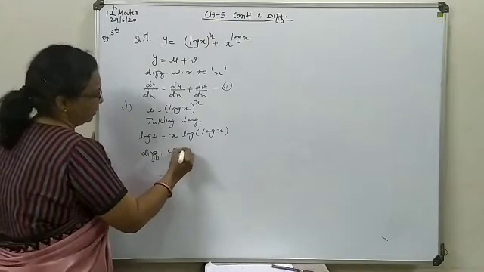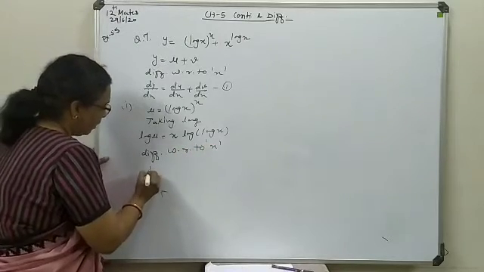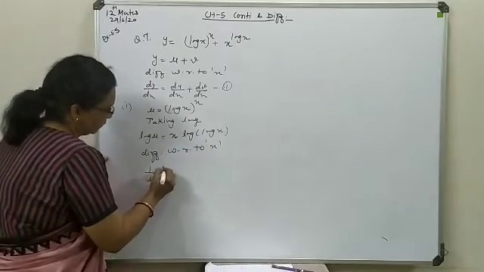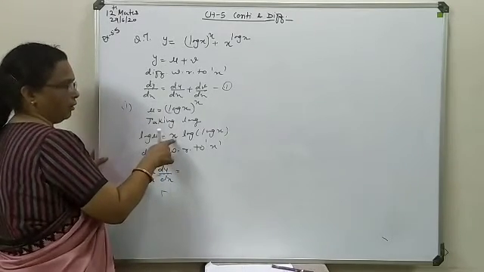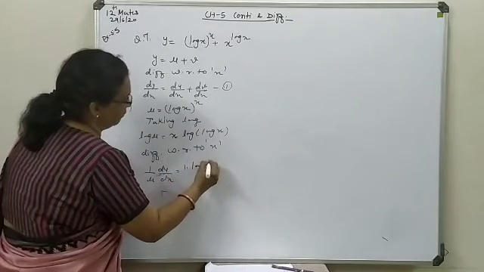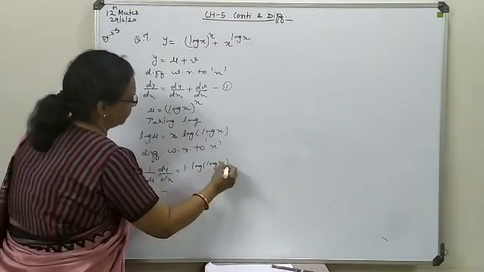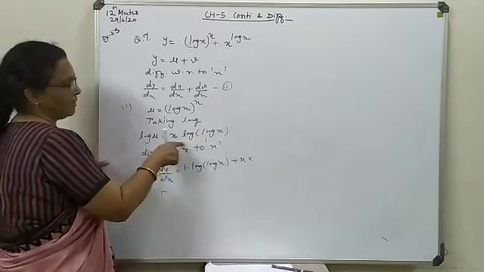Differentiate with respect to x. 1 upon u du by dx. First of all, differentiation of x is 1. So this is 1. Log term you will write as such, plus x is to be written as such, differentiation of this log form.